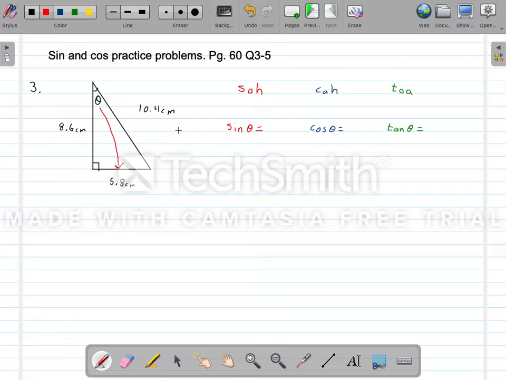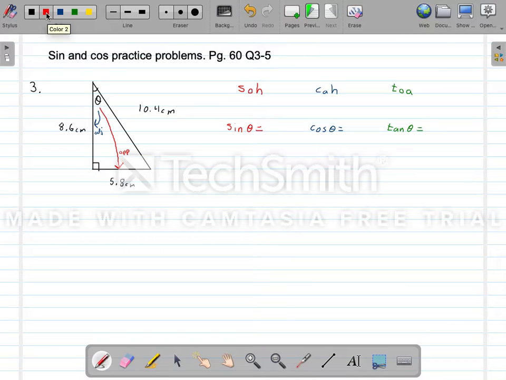The side adjacent is the closest side that's not the hypotenuse. This is the hypotenuse, so here is my adjacent, and this was my opposite. And this side, opposite the 90 degrees, the longest side, is my hypotenuse.